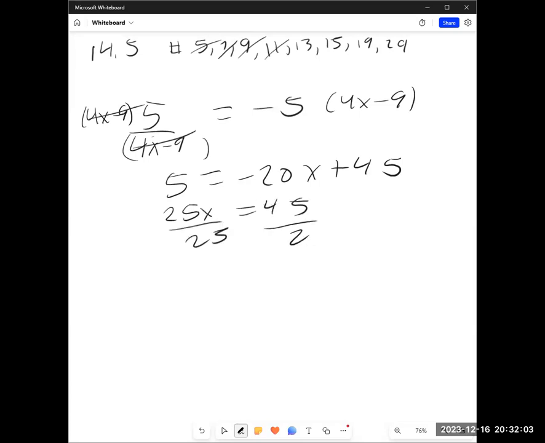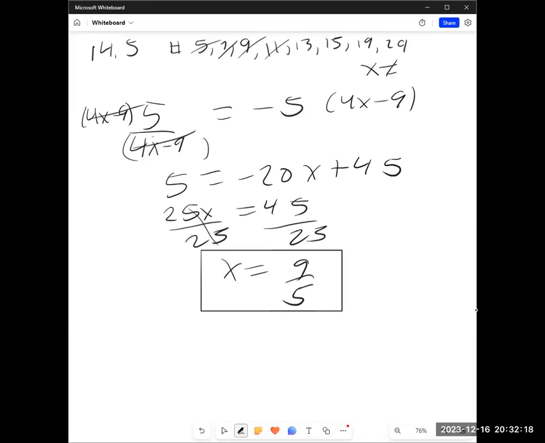Divide both sides by 25. x is equal to 9/5. My problem here is that x can't equal 9/4. So 9/5 is okay.